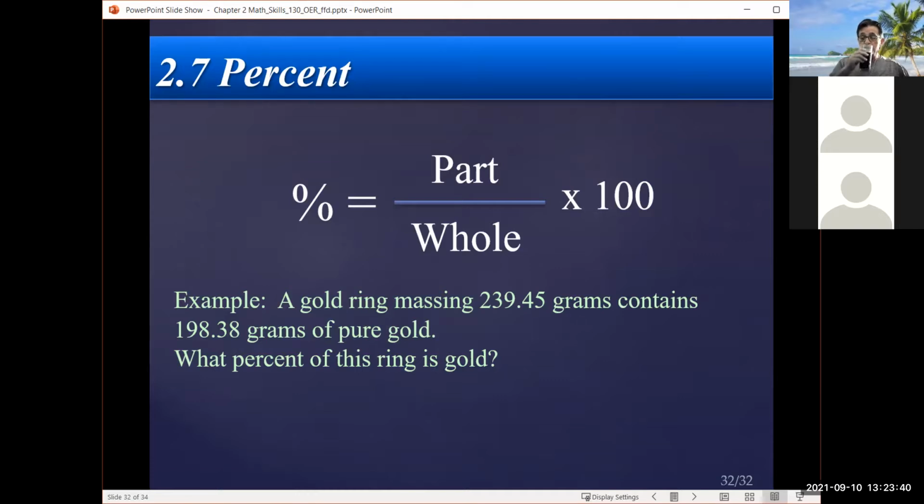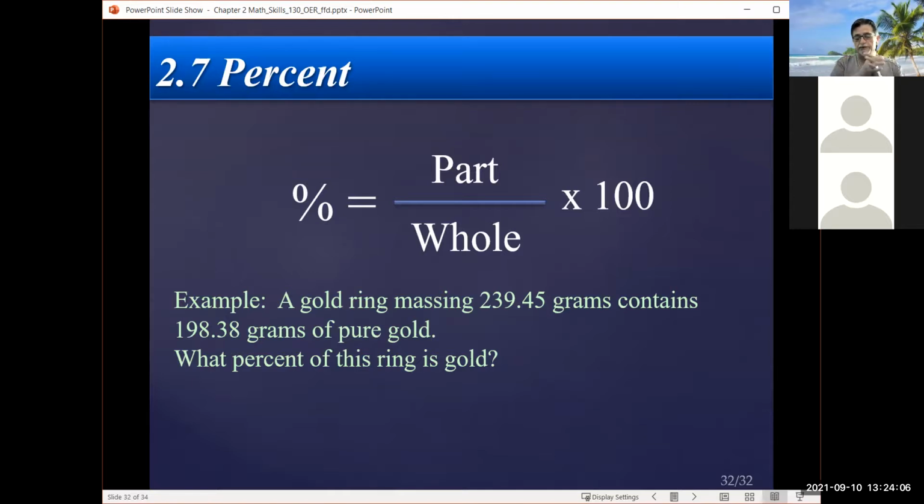What grade did you get? Wouldn't that be 80%, right? You got 80 questions, which is the part, divided by the whole, which is the total amount, in this case 100 questions. You multiply that by 100, that gives you the percentage. We use that quite a bit for a lot of things.